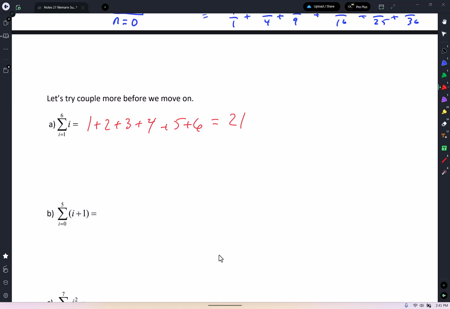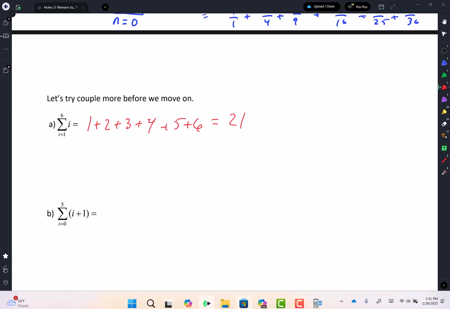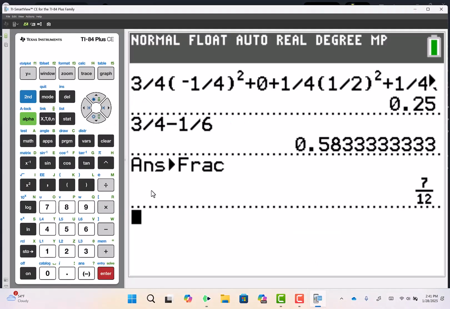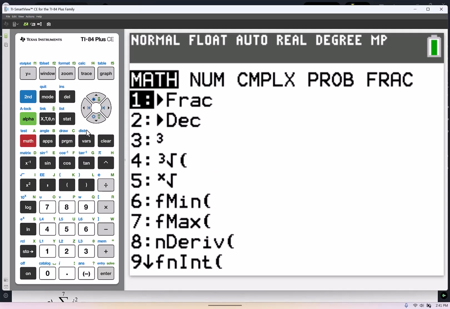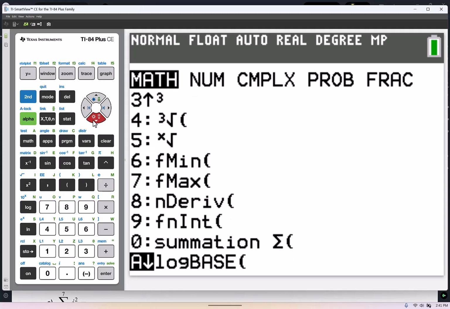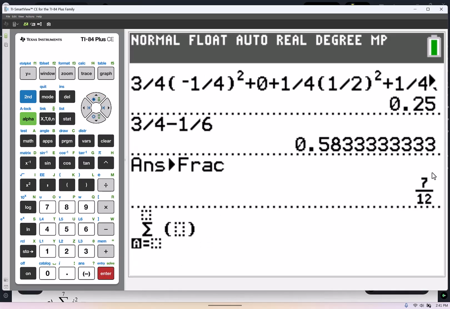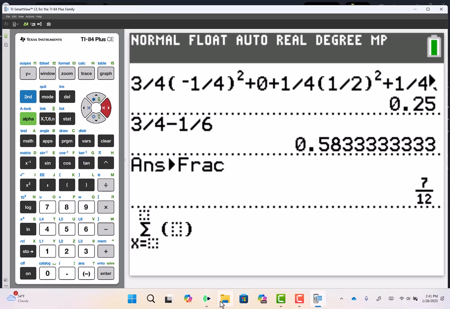You have a calculator, right? Check out your calculator. Click on the math button and scroll down until you see something that says summation. Do you see it? Click on it. You could use the letter N or A if you want, but I'm going to just stick to X. Where do I start it on this one?